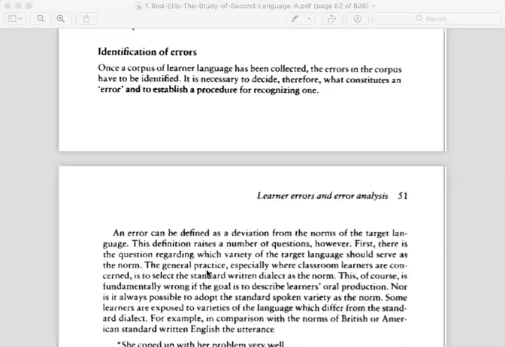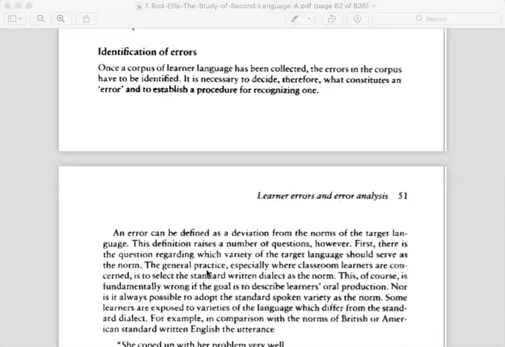Okay, so Corder, as I told you, argues that error analysis should be restricted to the study of errors and not mistakes. So the first thing you're going to do with the corpus, that is the data you have collected from the language learners, is to differentiate between the deviations. Deviations can be of two kinds. Those can be errors and those can be mistakes.